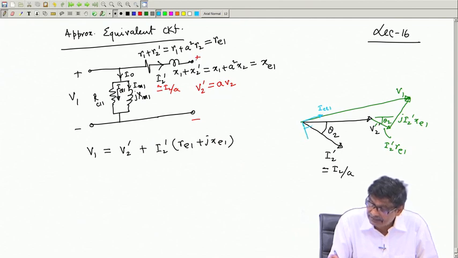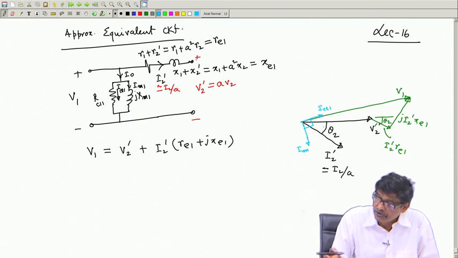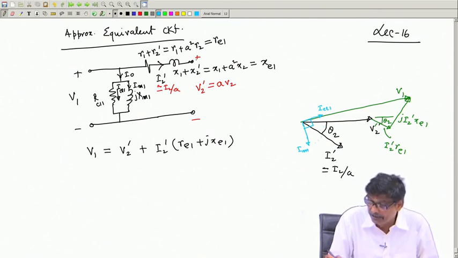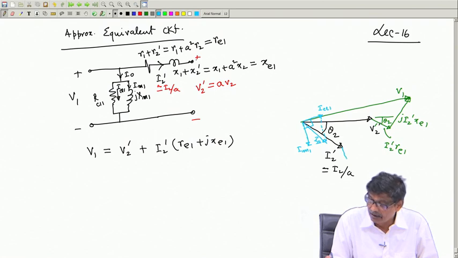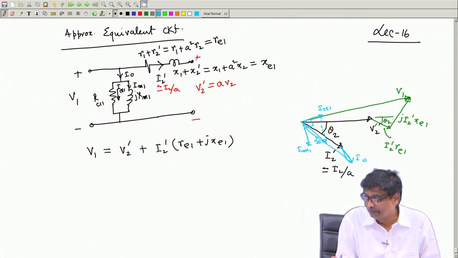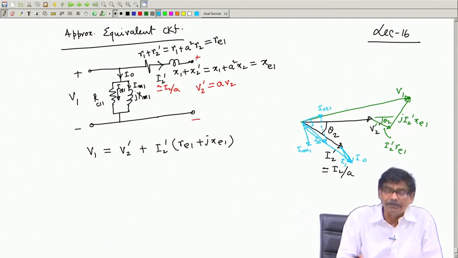So, this angle will be 90 degree as per the approximate equivalent circuit. And if you wish to calculate where your I 1 will be, that is what I am doing. So, I M 1, and then add this to get your I naught. To I 2 dash you add this I naught to get I 1, and the input power factor will be the angle between V 1 and I 1. I think you have got the idea.